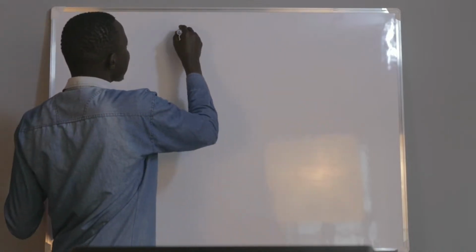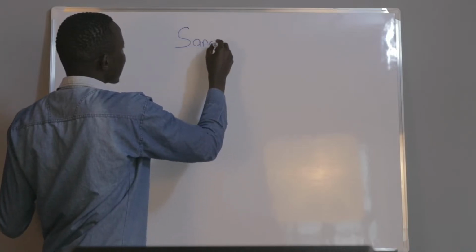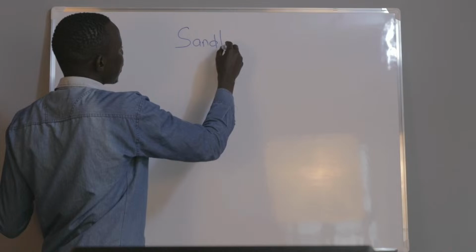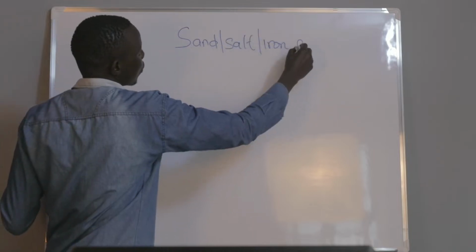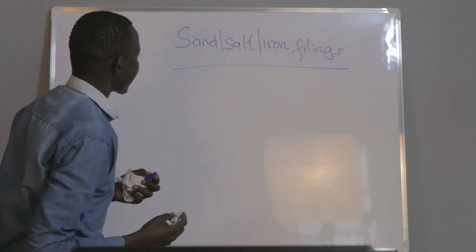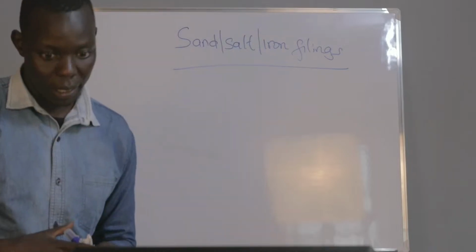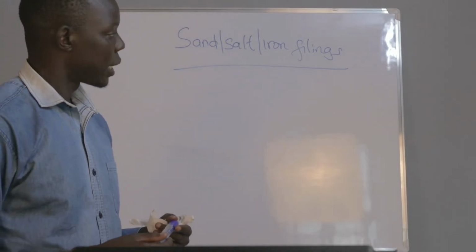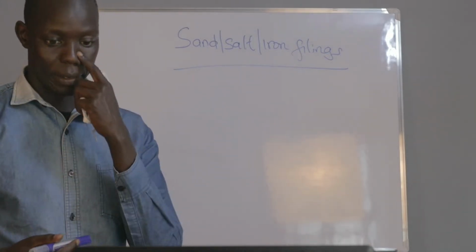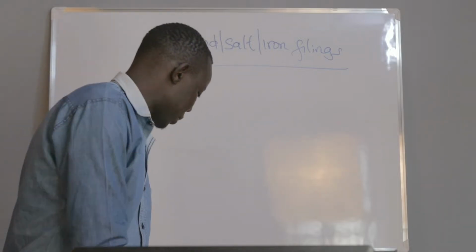A mixture of sand, and so on. Describe how the three can be separated. How can we go about it?